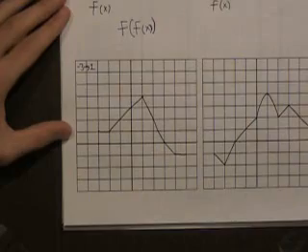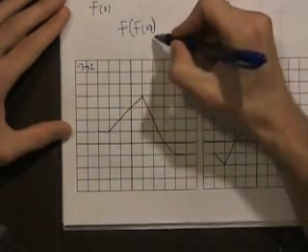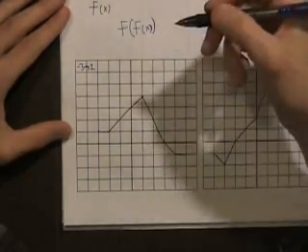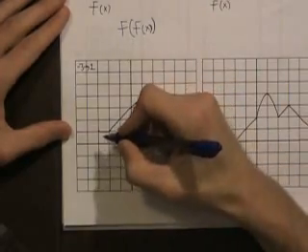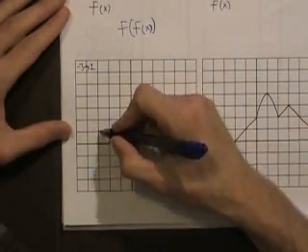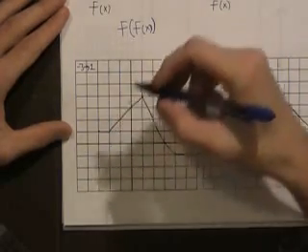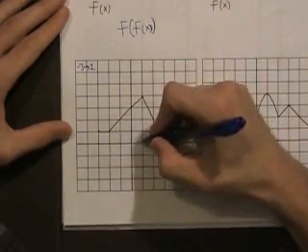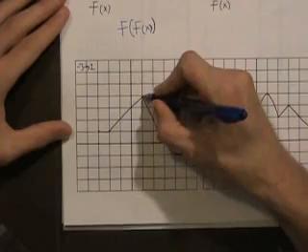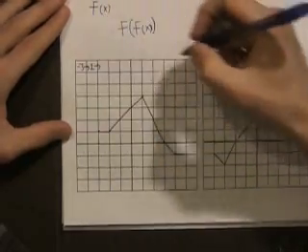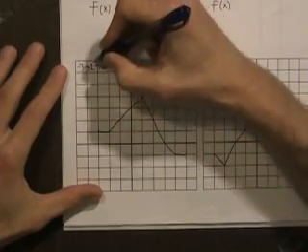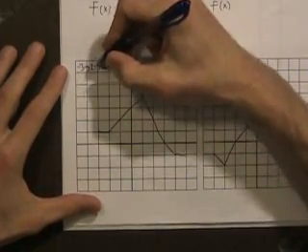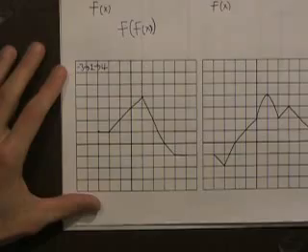And then, according to this, you operate f again. You have to operate it twice. So I say -3 goes to 1, and then f of 1 is 4. So it's like a two-step process, alright? You do it once, get the interim value, and then you do it again and plot that final answer.